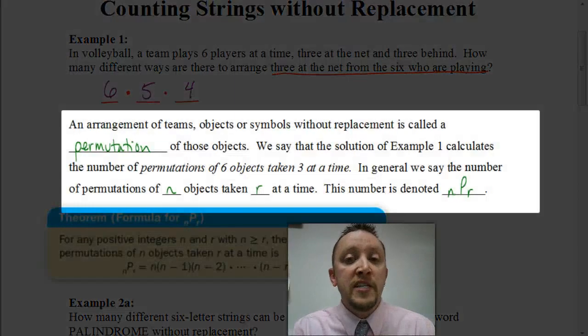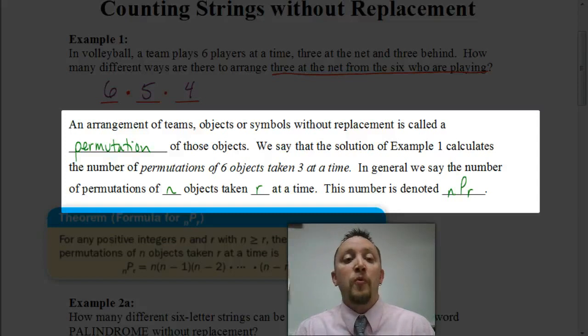Now, an arrangement of teams, objects, or symbols, whatever we're working with, without replacement is what we call a permutation of those objects. We say that the solution of example 1 calculates the number of permutations of 6 objects taken 3 at a time. The way that we would write that is using a lowercase n, capital P, lowercase r to represent a permutation, where n represents the number of objects taken r at a time.